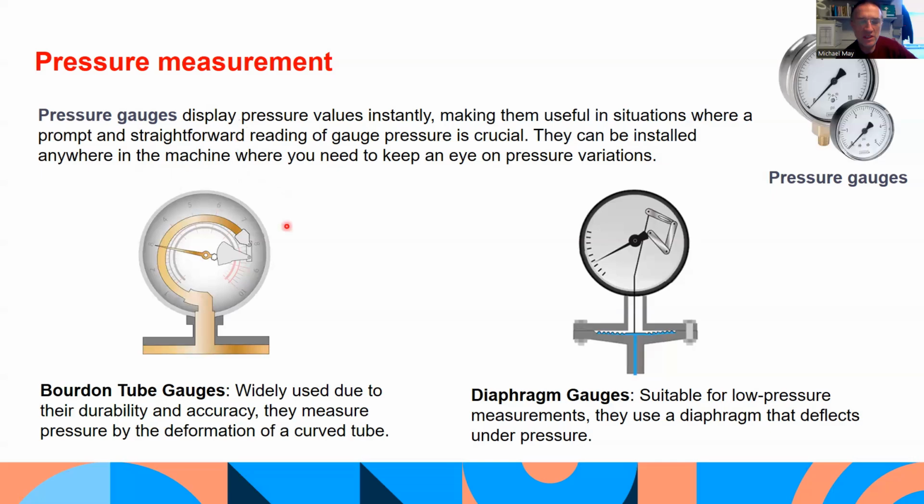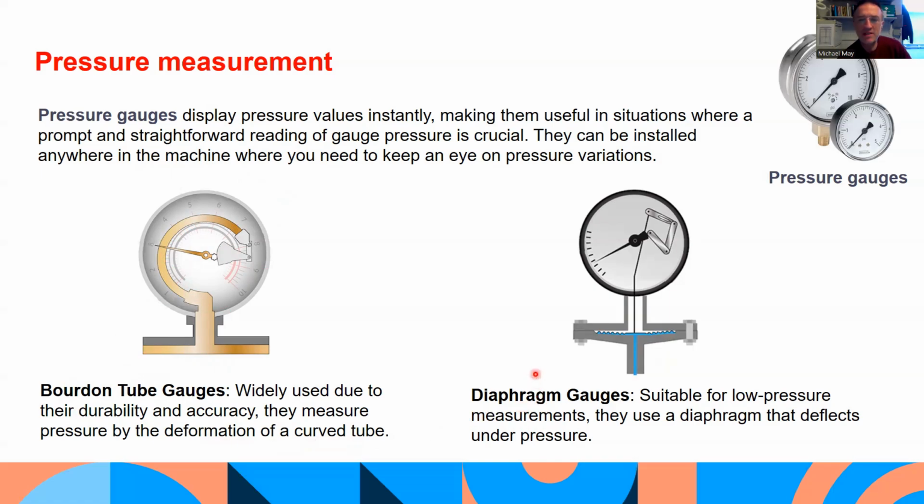As the system pressurizes, the pressure comes up this tube here. It's called a Bourdon tube, and the pressure tries to straighten out the tube. As the tube tries to straighten out, the linkage moves and the dial moves accordingly to represent the pressure. Widely used for their durability and accuracy, they measure pressure by the deformation of a curved tube.